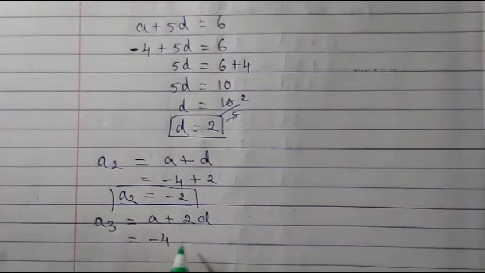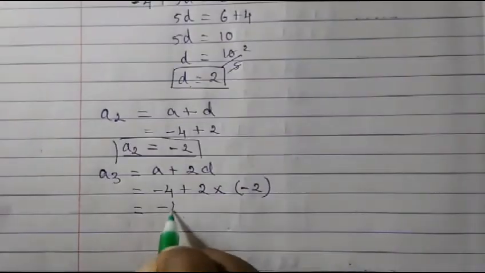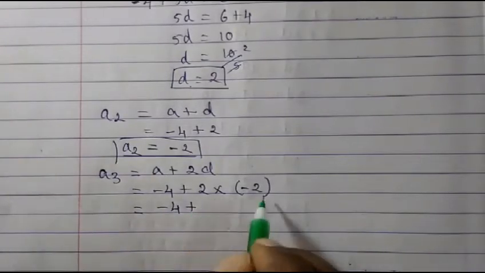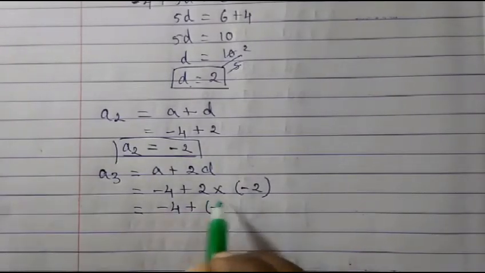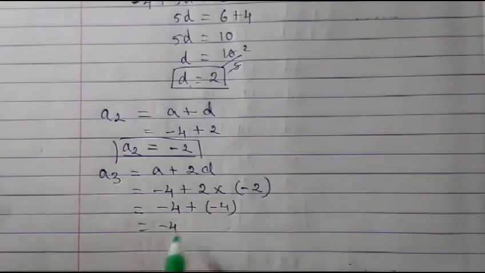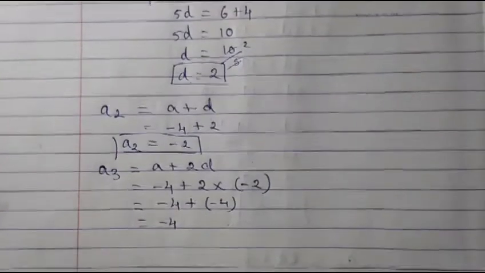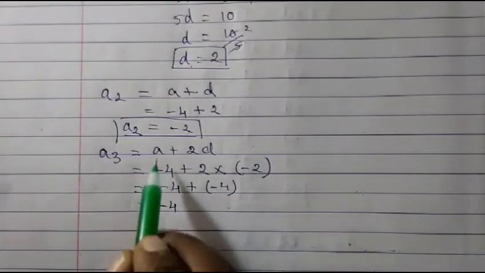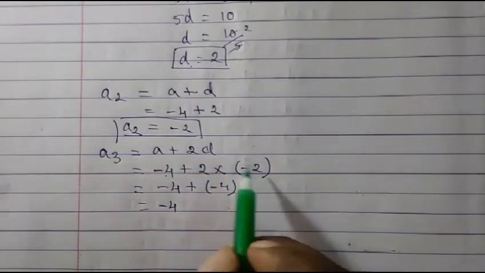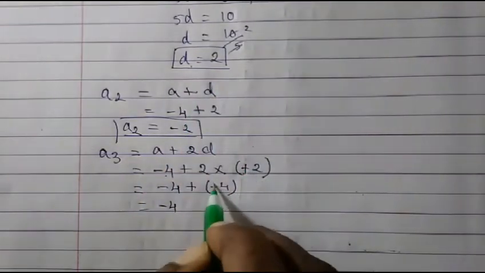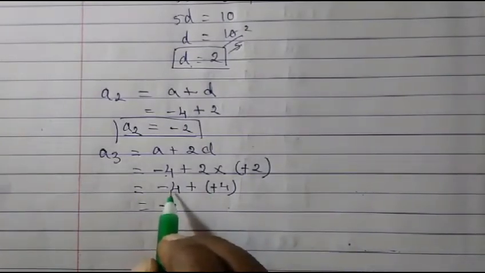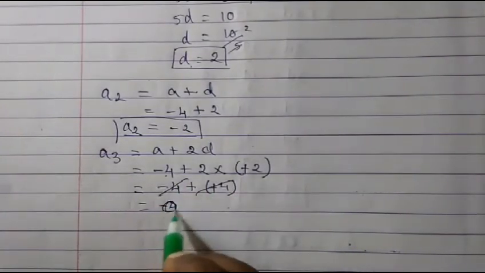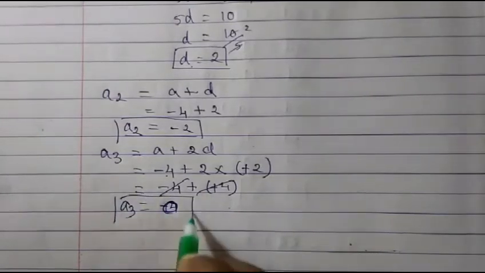So A is minus 4 plus 2 into d. Wait a minute, d is not minus 2, sorry, d is plus 2. So this is minus 4, this is plus 4, which gets cancelled, so we will get 0. So A3 will be 0.